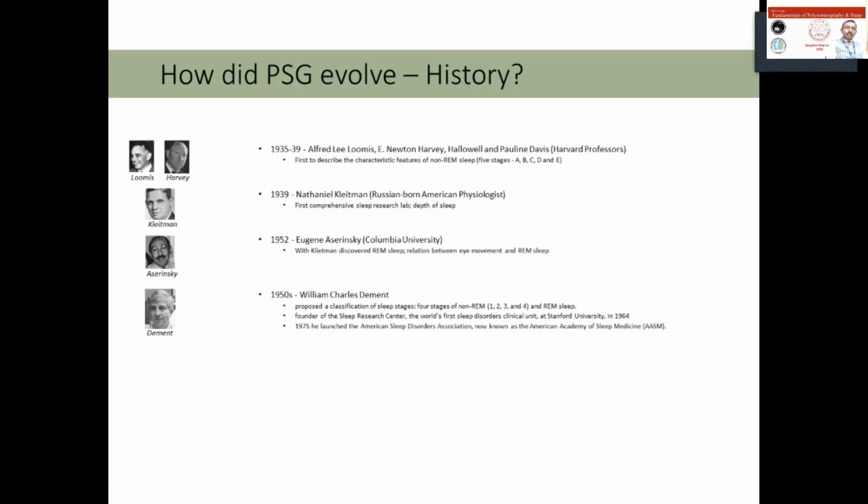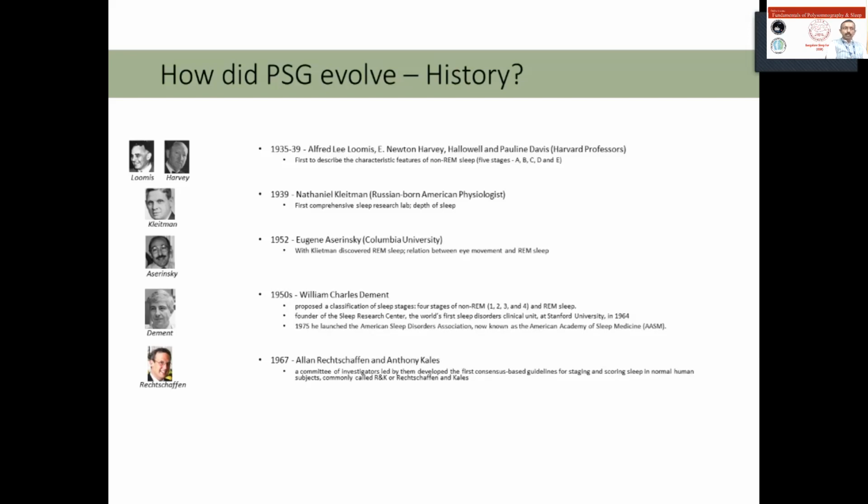But in the 1950s, a consensus started building up, and proper clinical sleep disorder clinics started to be formed. In 1967, a standard criteria was formulated by Rechtschaffen and Kales, which is popularly known as the R&K scales.